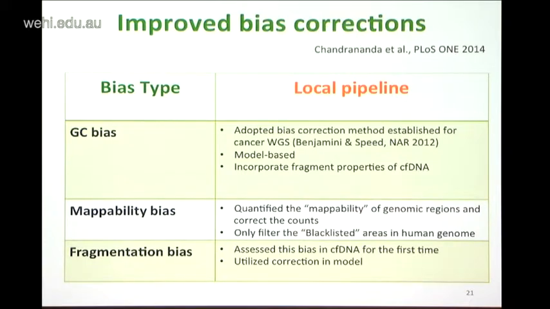So once we do the mappability correction, we actually remove these special regions of the genome. We also assessed the fragmentation bias using the model specified, and we implemented a correction for it. What we found out was that once we accounted for the GC and mappability bias, correction for the fragmentation bias did not actually give any further improvement.